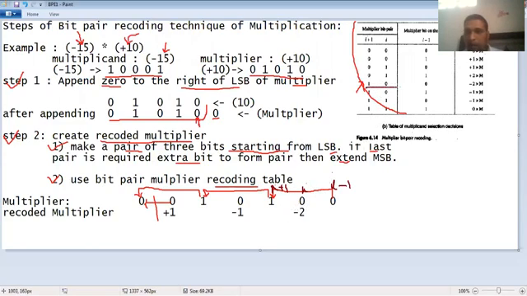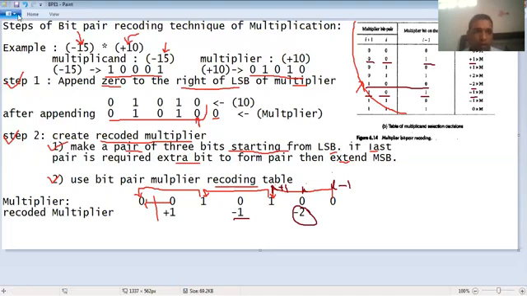For pair 100, I must take minus 2 as a recorded bit. For 101, I have to take minus 1 as a recorded multiplier bit. And for 001, I must take plus 1 as a recorded multiplier bit. So we ended with step number 2.